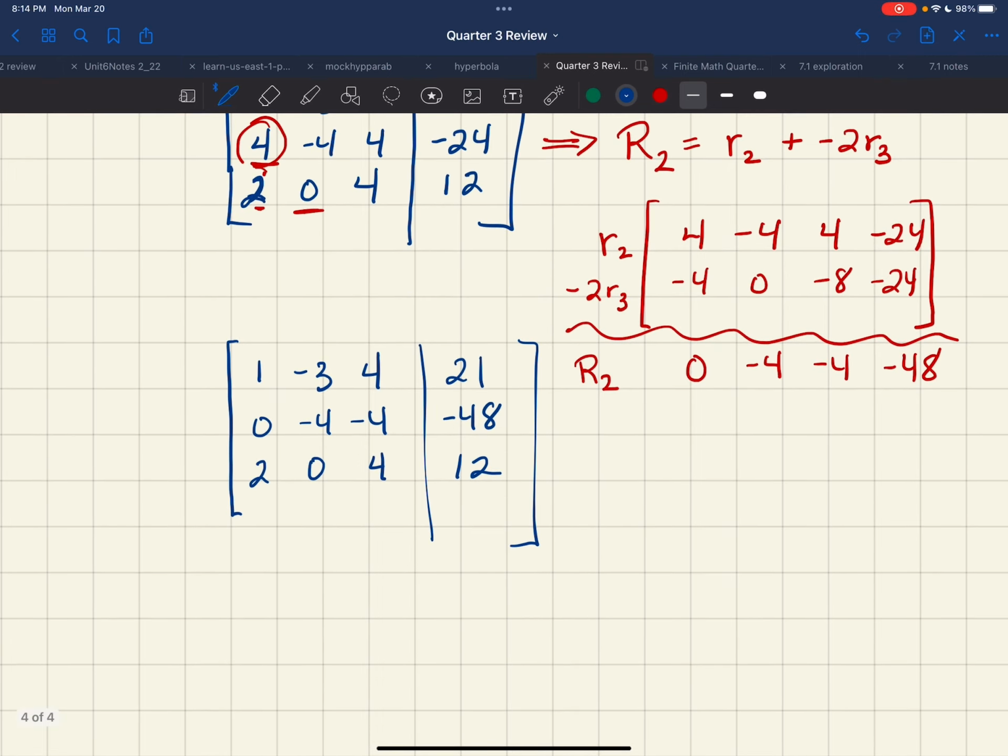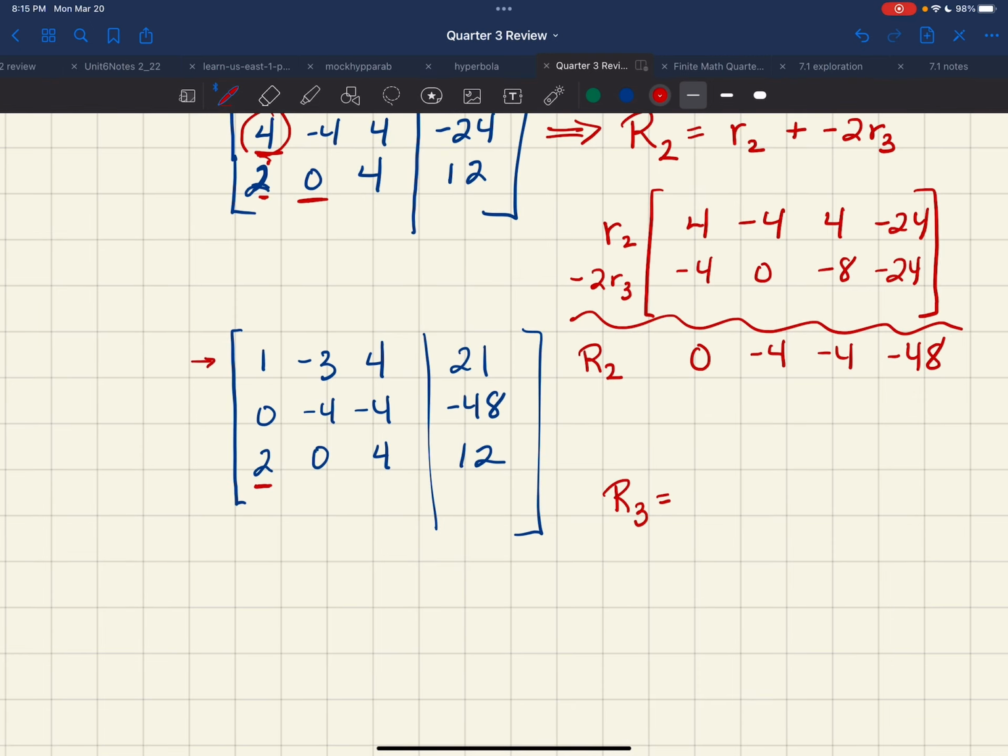All right, so now I want to get this first one as a 0. So to do that one, I'm going to replace row 3, and I'm going to use row 1 to do my math, because if I use row 2, no matter what I multiply by 0, excuse me, I still get a 0.